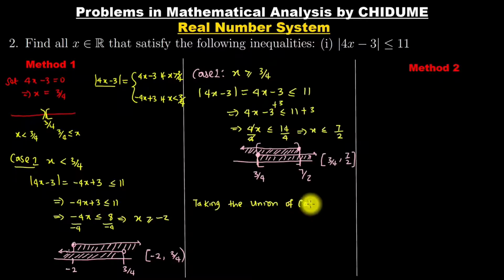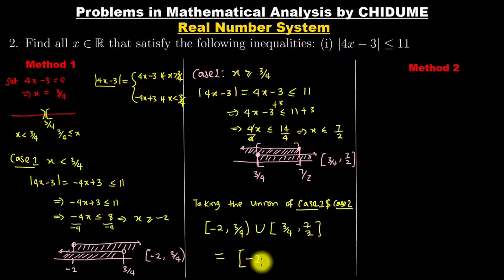If I take the union, the solution set is going to be like this: negative 2 comma 3 over 4, open at this end, union 3 over 4 comma 7 over 2, closed at this end. So what will this give us? Obviously, negative 2 comma 7 over 2.